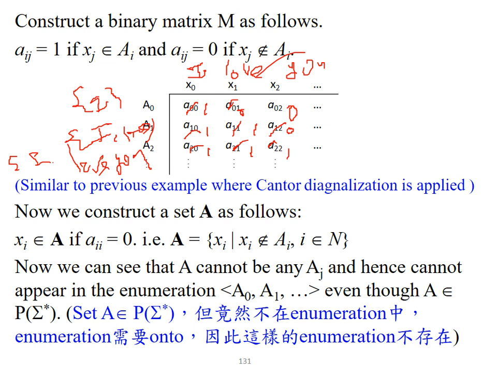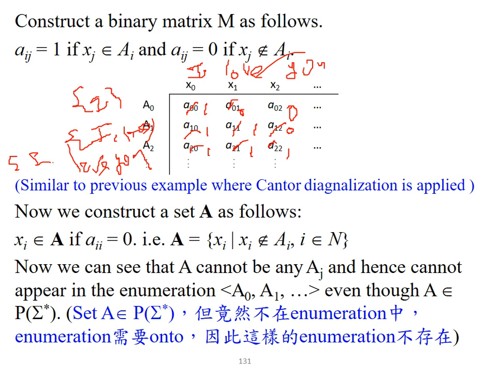Next, we want to derive the contradiction. Okay, let's see how we derive the contradiction. Very similar to Cantor diagonalization. If aii equals 0, then we put the element xi into a new set A. So that means we only consider the diagonal elements of A0, A11, A22.